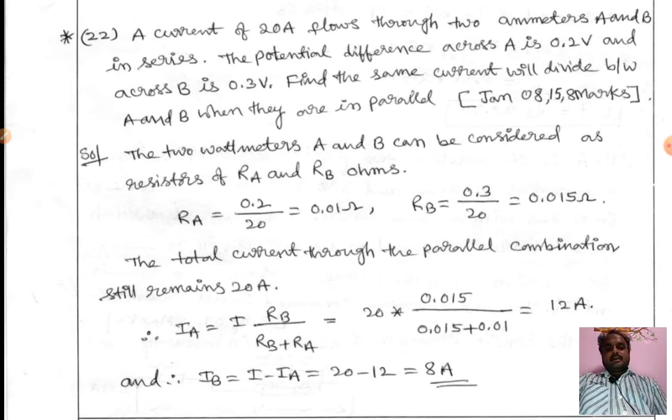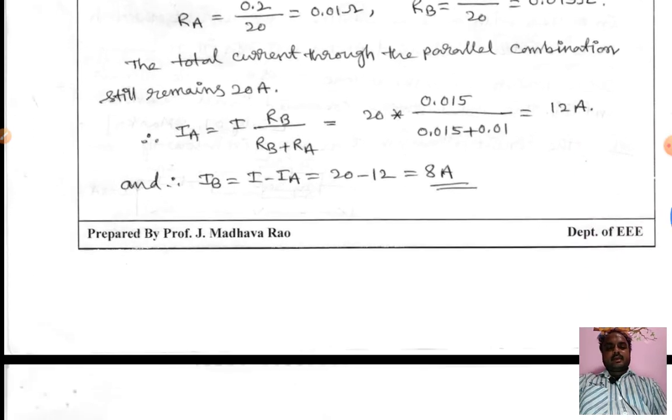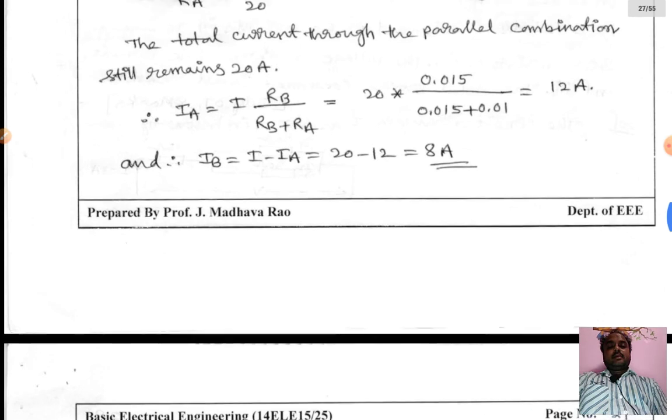So IA is equal to I into RB by RB plus RA, 20 into 0.015 divided by 0.015 plus 0.01. Current division principle we are applying here. 12 amperes we will get.